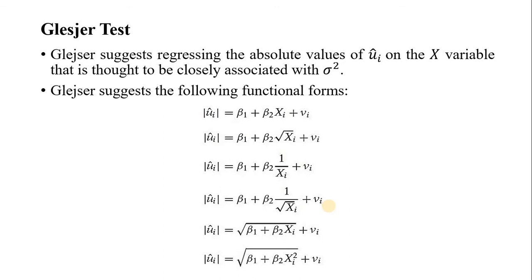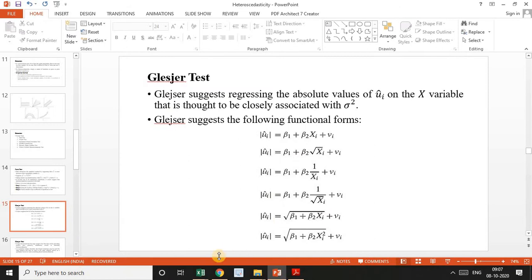If you have a large number of observations in your data, then the first 4 functional forms will give better results than the Park test. So what is this? This is nothing but taking the absolute values of u cap and regressing it on xi. We can check how we can do that.